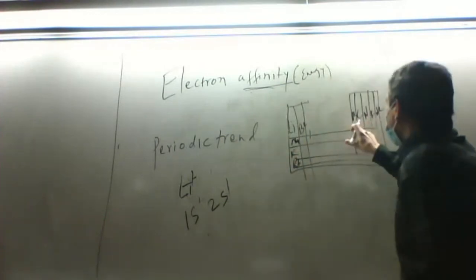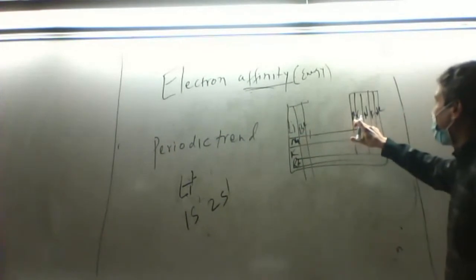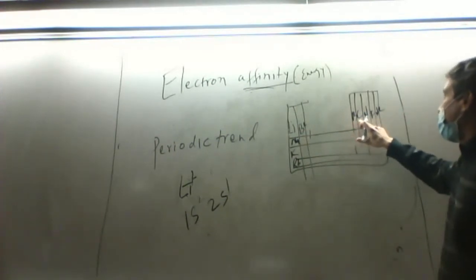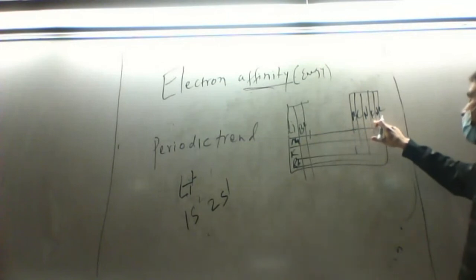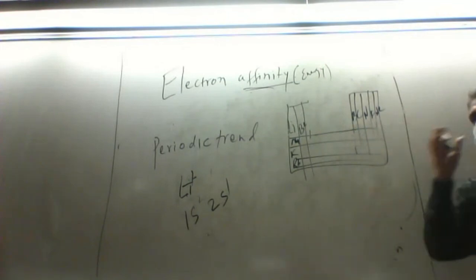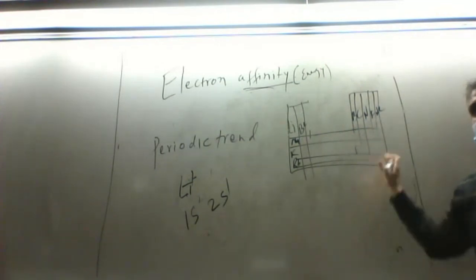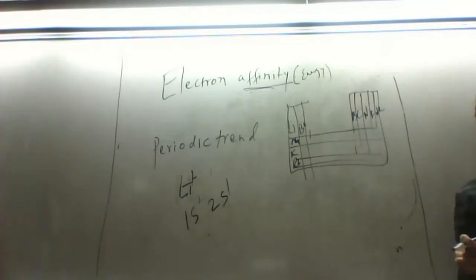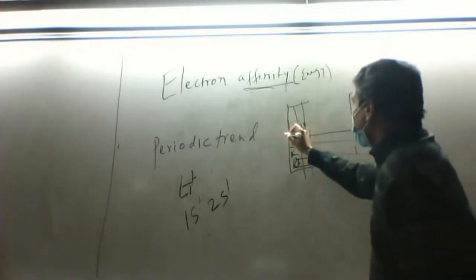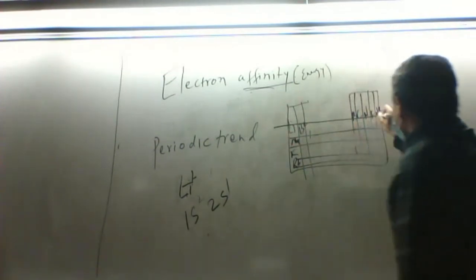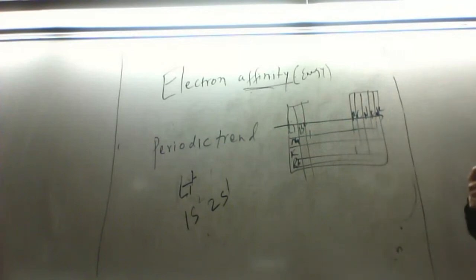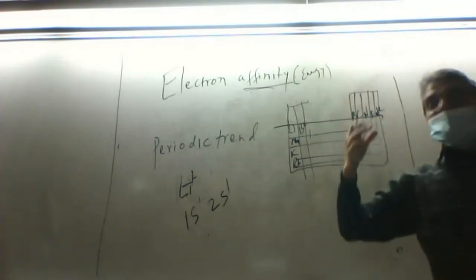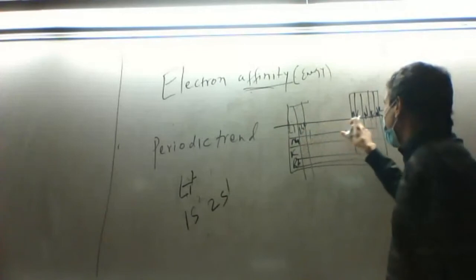Now you go this way, and they try to gain the electron more easily. It's more for carbon, more for nitrogen, more for fluorine, and there are some that don't want to accept any electron at all. I will talk about the anomalies later. So what happens if you go from left to right in the period? That electron affinity value is going to increase, right? Because the size becomes smaller.